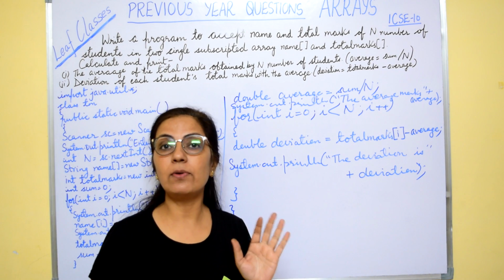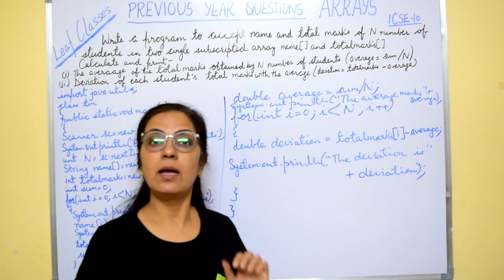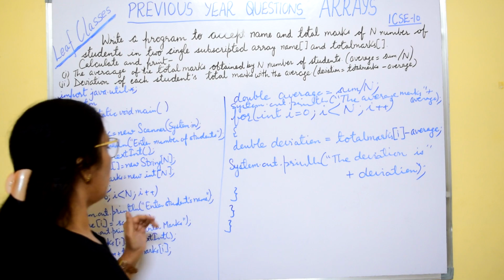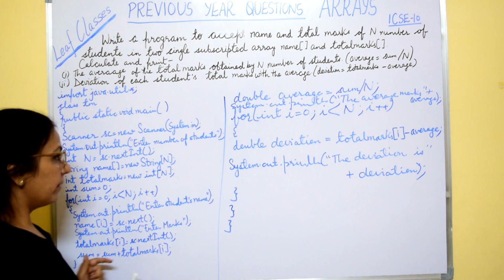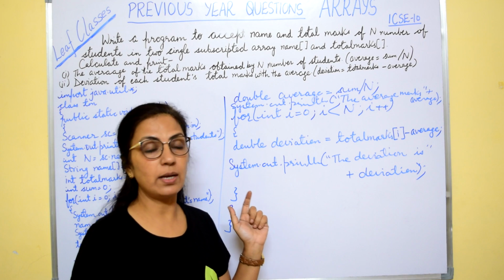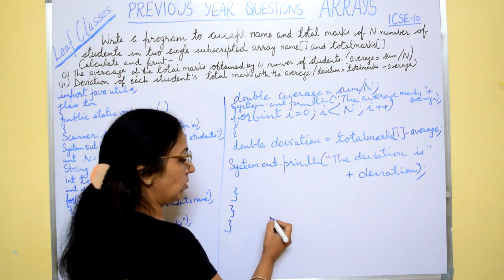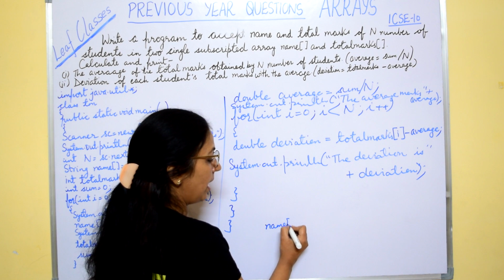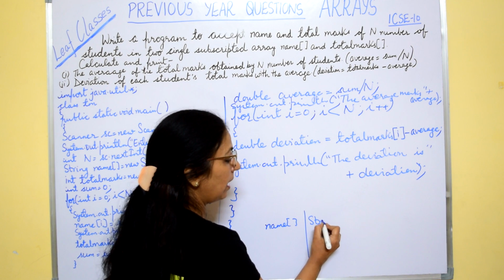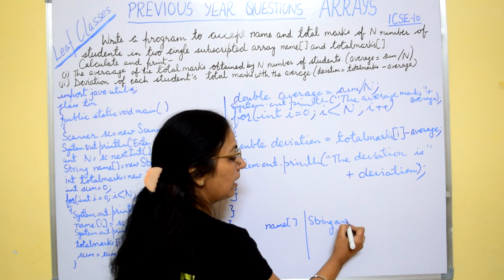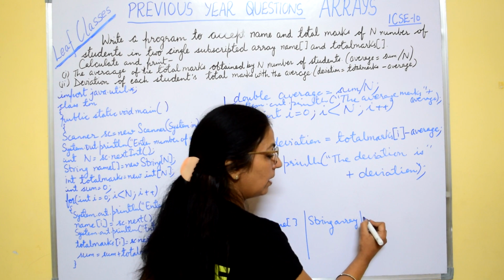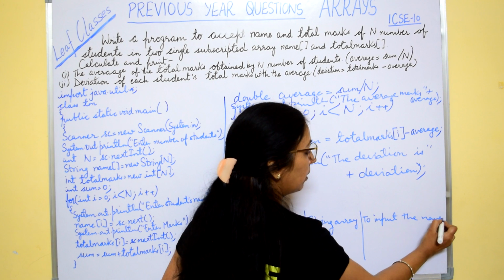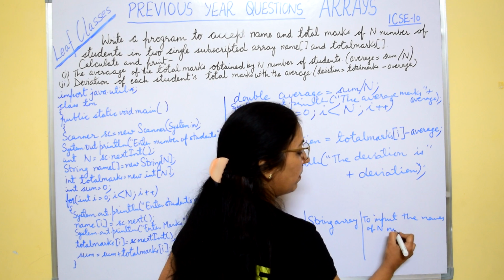Now children, few of you were asking how to write a variable description table for arrays. For here you have sum is int, then you have average is double, all that you can write. Only for arrays I would like to tell you, then array name, suppose it is name, and here you will write string array, and the purpose is to input the names of n number of students.